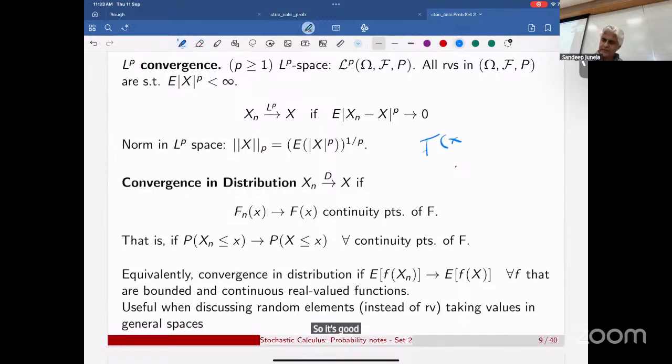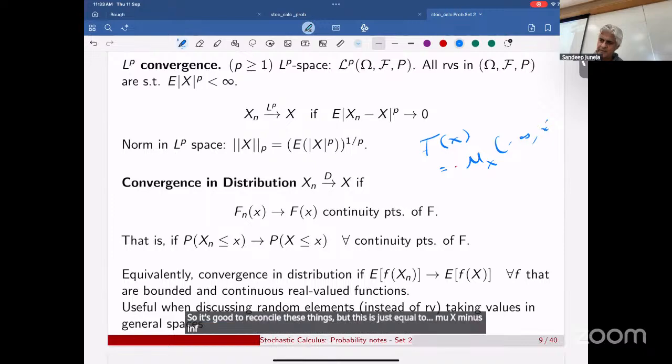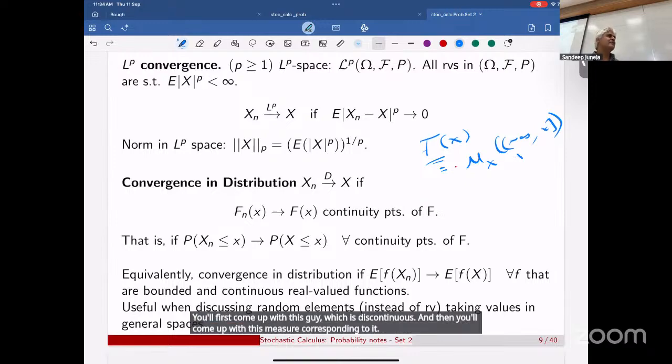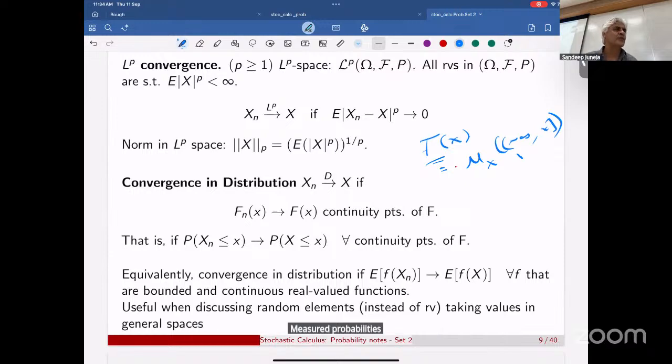So it's good to reconcile these things, but this is just equal to mu_X of minus infinity to x. The reality is you'll first come up with this F, which is discontinuous. Then you'll come up with the measure corresponding to it. And then you'll come up with an underlying space where you'll assign this measure probabilities. So you can reconcile this thing, but you should not see contradictions in this.